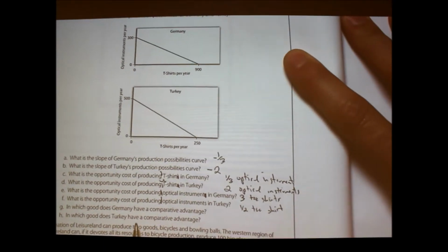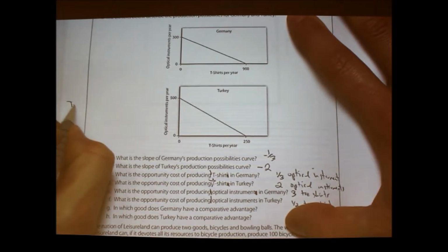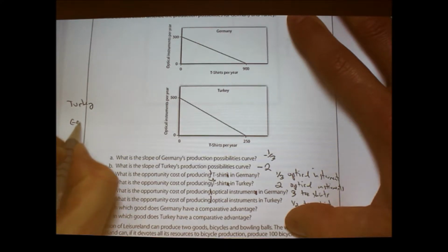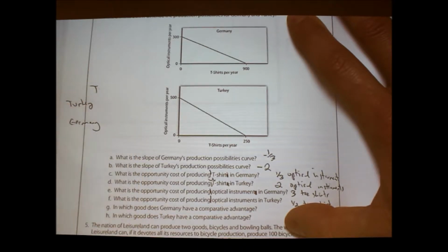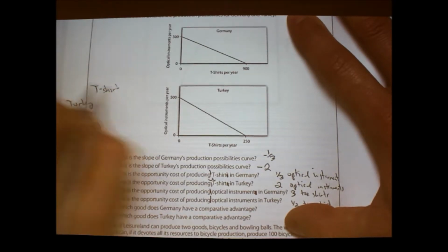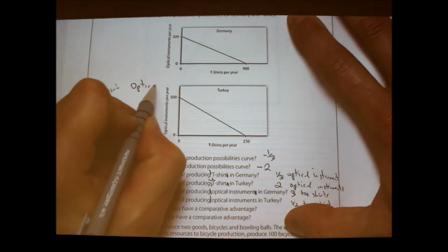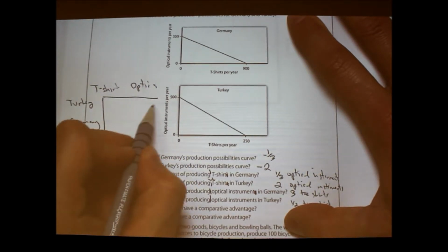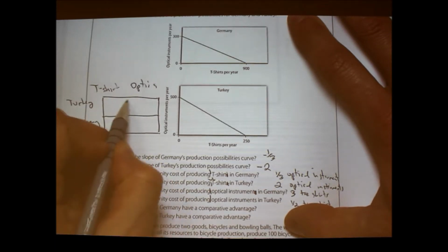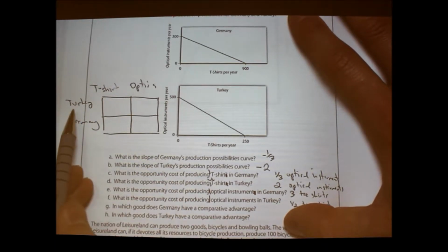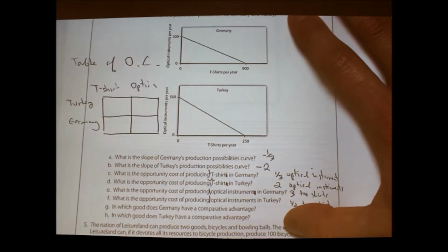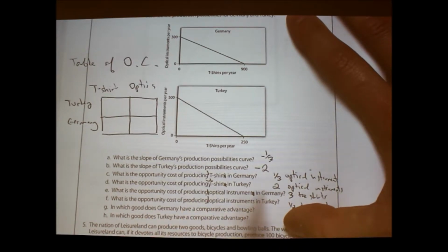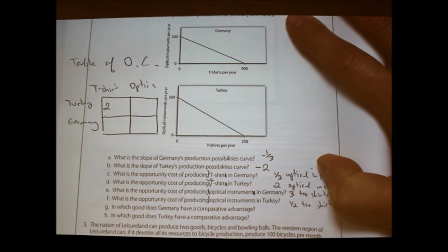Sometimes I like to create the following 2x2 table. Turkey, Germany, t-shirts, optics. You could call this a table of opportunity costs. In Turkey, the opportunity cost of producing a t-shirt is 2 optical instruments.